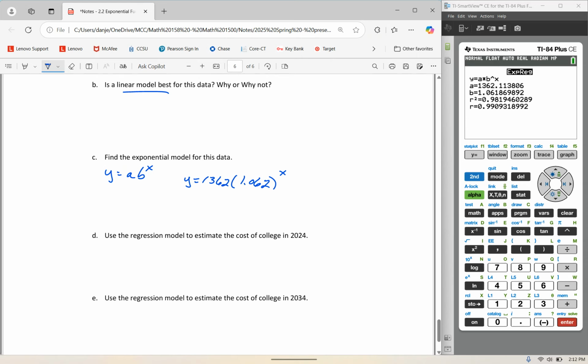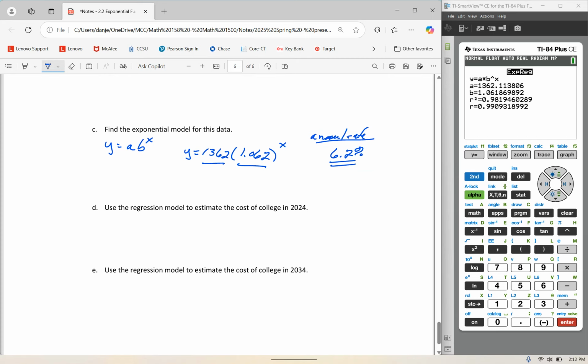Okay, so my regression equation is estimating an initial cost of 1362 with a b value of 1.062. That means that college has been increasing at an estimated annual rate of approximately 6.2% per year.